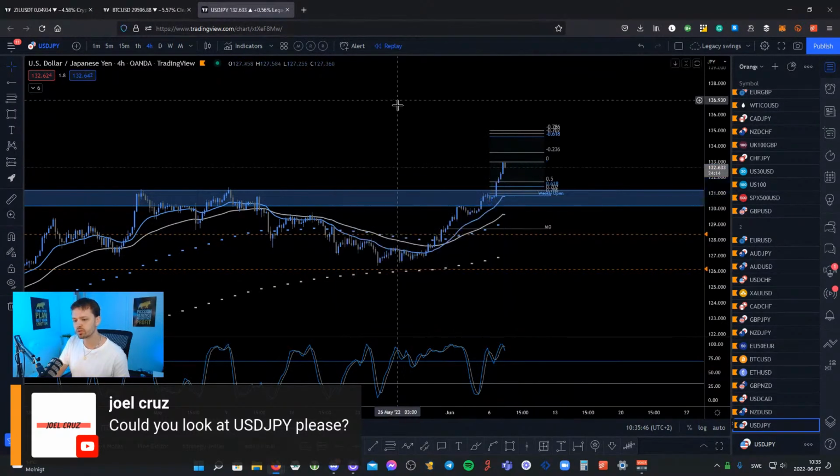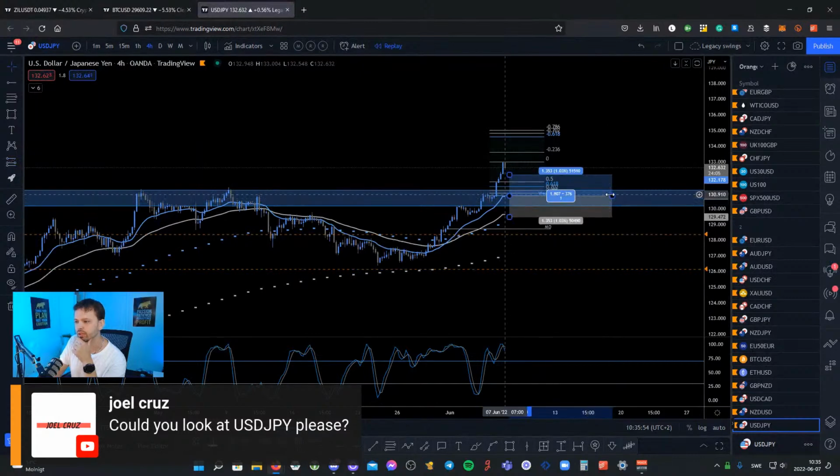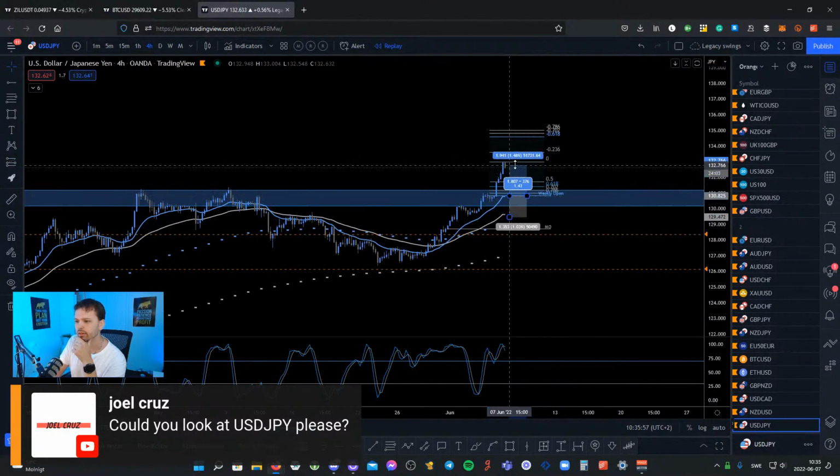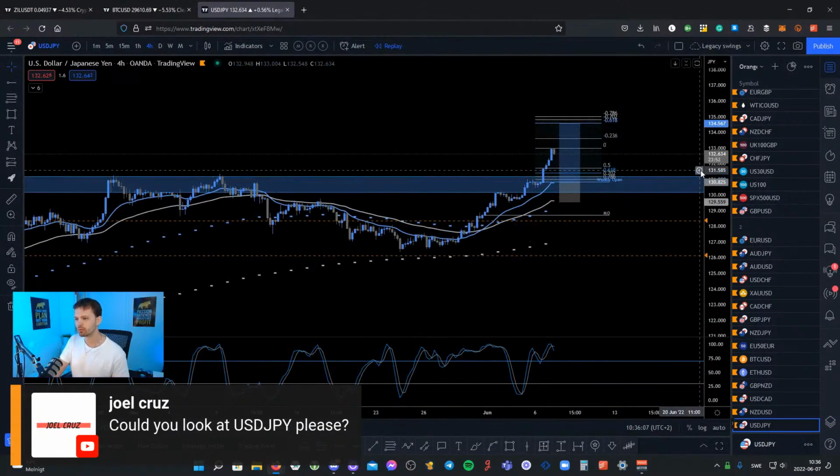So the trade would probably be: enter on a confirmed bounce on the weekly open, and TP1 would be the 1, and stop loss somewhere below the 4-hour 50 EMA. The average R would be 2.6. Yeah, so I like that one. That would be the trade that I would be looking at.